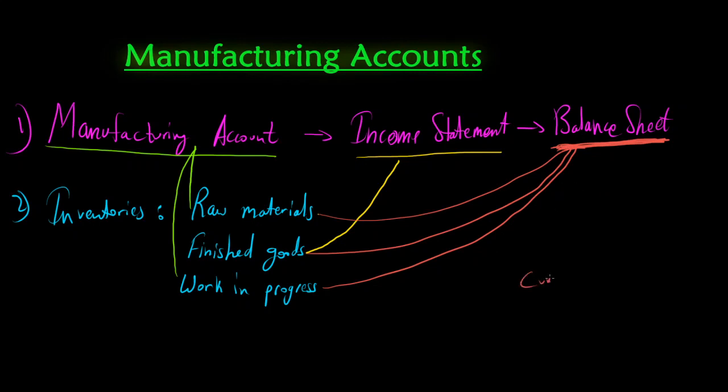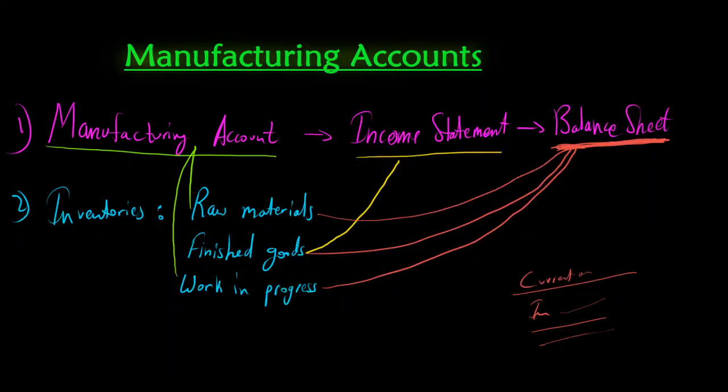You have current assets, and under current assets you write inventory, you write bank. But in this case, you will have inventory of raw materials, inventory of finished goods, inventory of work in progress. So we have three different kinds of inventories.